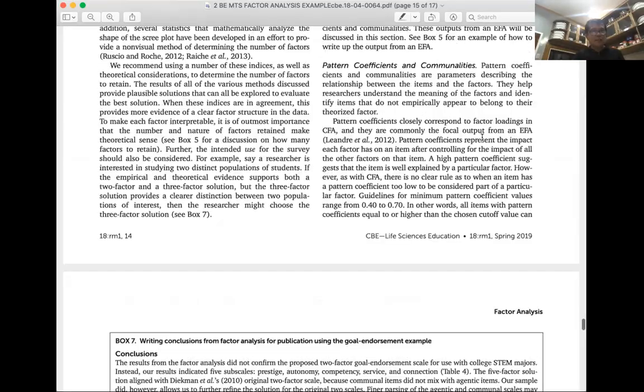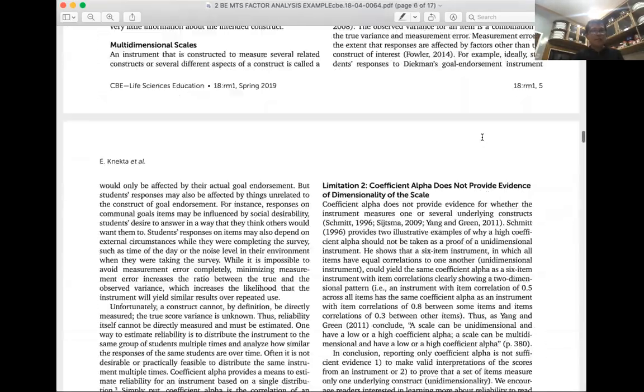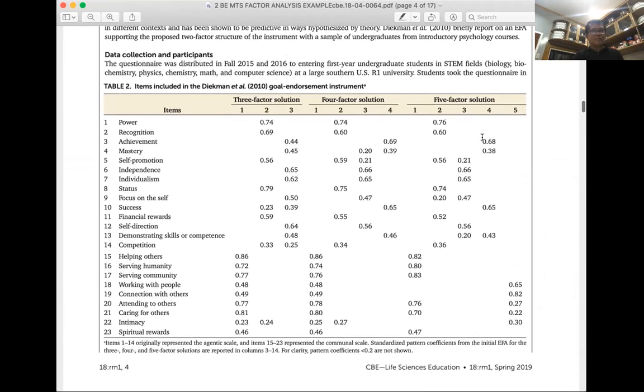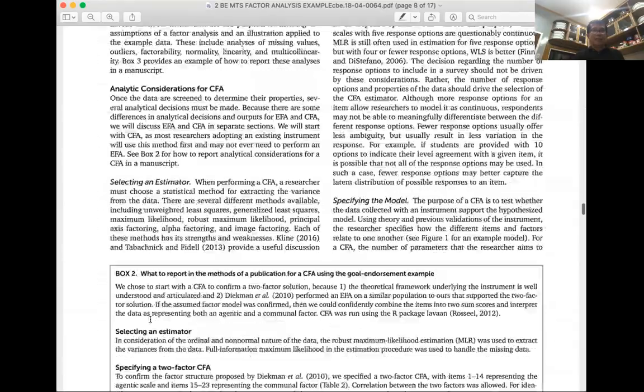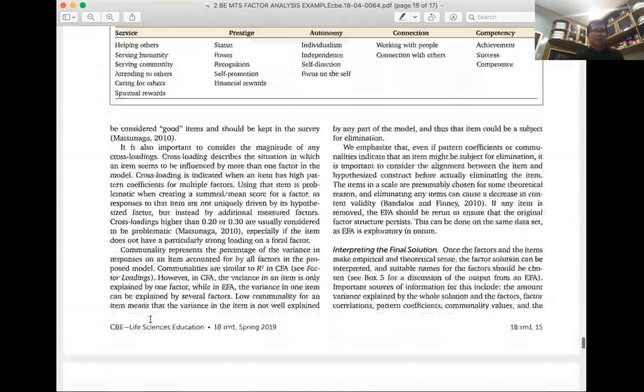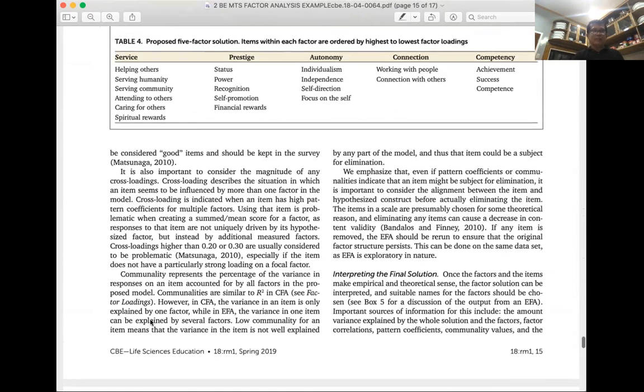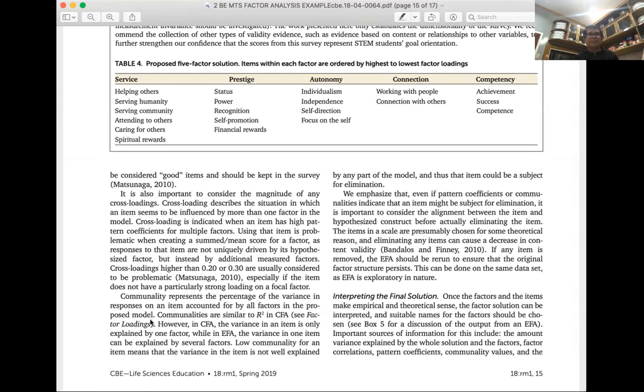So if you consider from the very beginning, we have the contents of the instrument. The instrument is composed of 23 items, number 1, number 2, up to number 23. But if you look at table 2, there are no specific clusterings of the different items. But looking at factor analysis, the author of this article is able to come up with the clustering of the different items. And what are those different clusters? We have service, prestige, autonomy, connection, and competency.